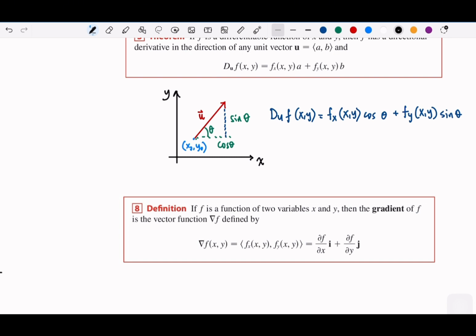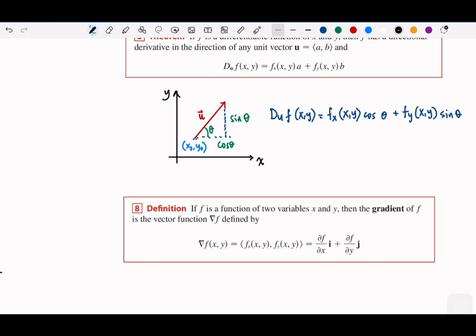For example, if f has variables x and y, then the gradient operator will be partial x and partial y. So when we have del f, this will be partial x of f and partial y of f.